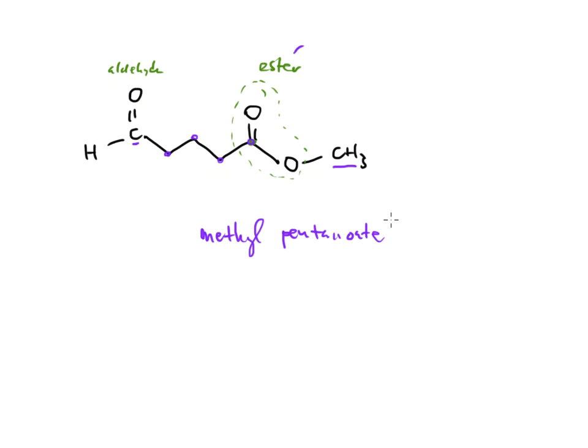But that's not the only thing here, because we're leaving off a piece, and that piece, folks, is this group here. We have to include that group, but it appears nowhere in the name at all.